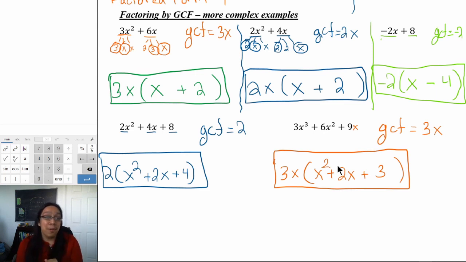This is also going to be true with the variables. Once you've identified the GCF, now you're going to start the factoring process by dividing out the GCF from all of the terms in your expression. Please take your time whenever you're dividing them out, and always be careful anytime you're simplifying the variables.